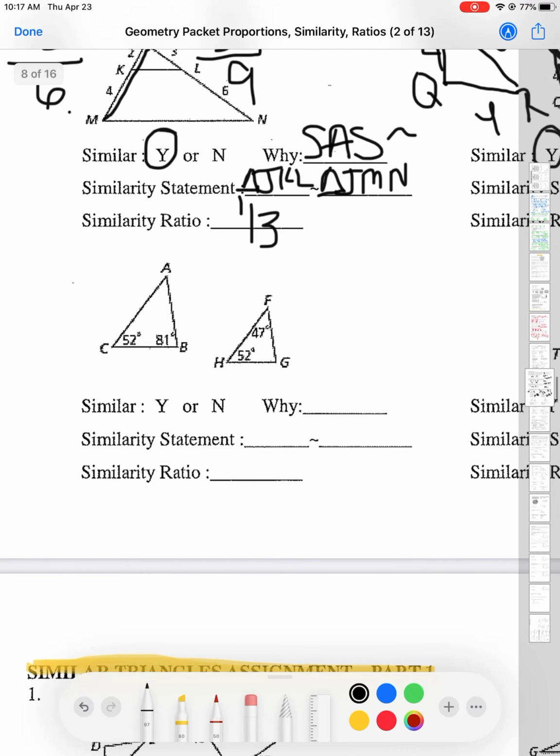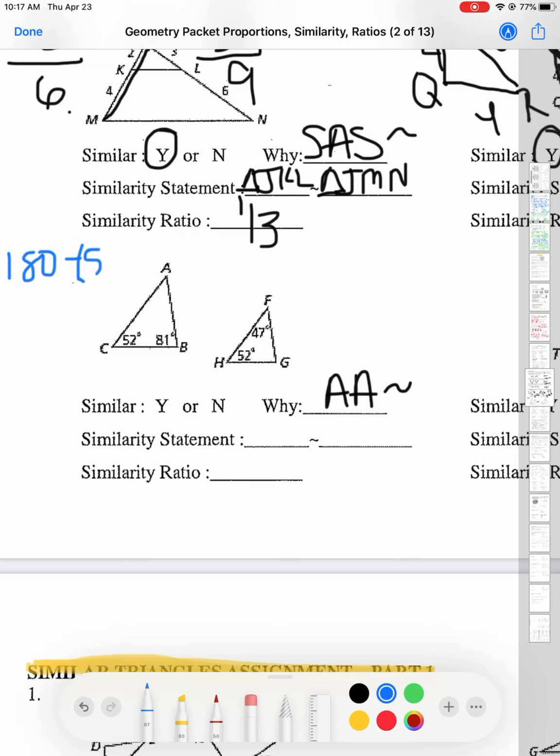All right, so this one, they give us no sides. So this one's obviously, if anything, it's gonna be angle-angle similarity. But in order to do that, we need to check either this angle or this angle to see if they have 2 in common.